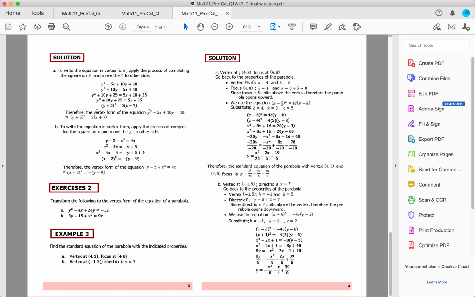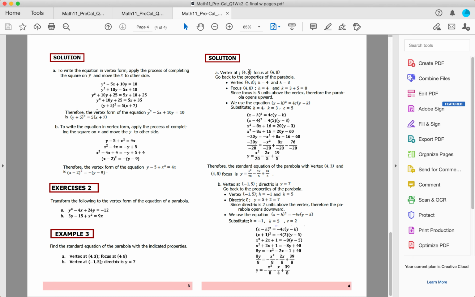Okay, so simply supply the values here. So this would be 4, because that's h, then 3 for k. Okay, now, where do we get our c value? The c value is the distance from the vertex to the focus.